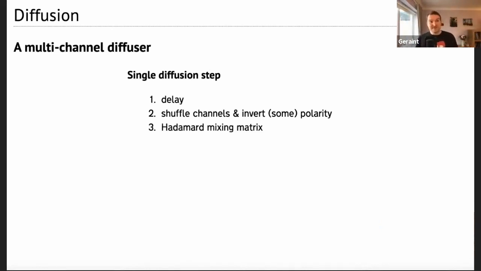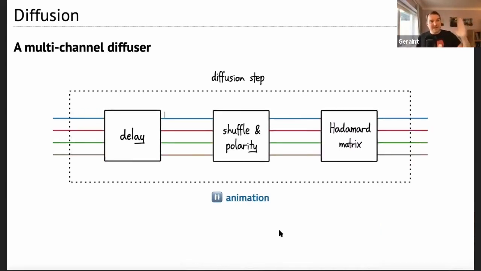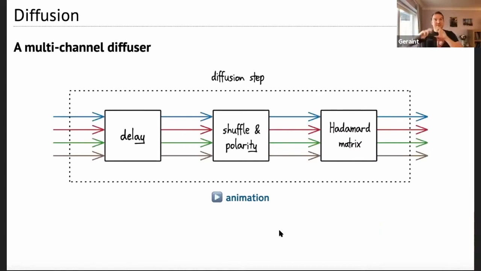And then we put it through a mixing matrix. So from left to right, you can see we've got our multi-channel input. We do a multi-channel delay, so the different channels are now unaligned. And then after some shuffling, we put it through a mixing matrix. If an echo comes in, we unalign the echoes, and then the Hadamard matrix produces more echoes by spreading the new times across all the channels.